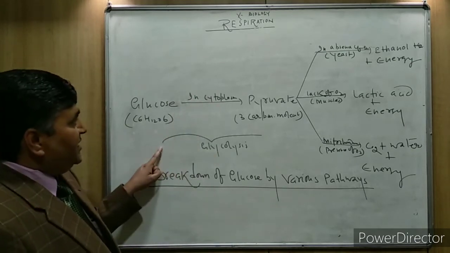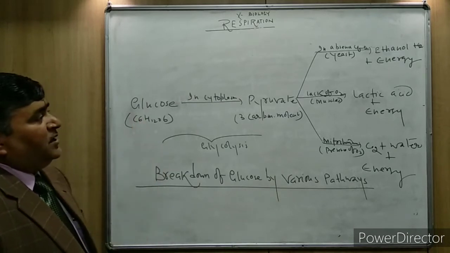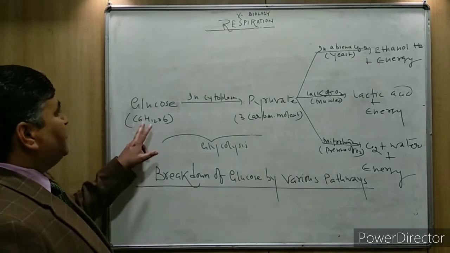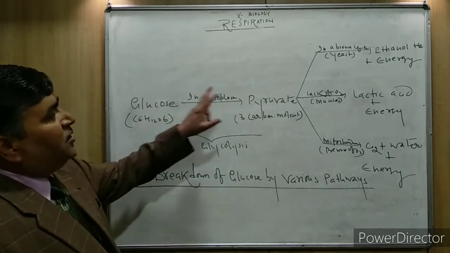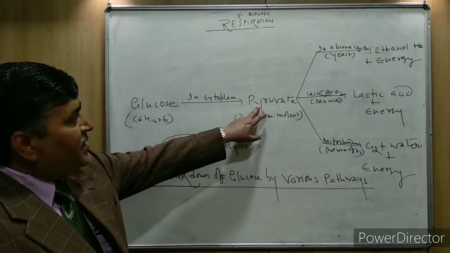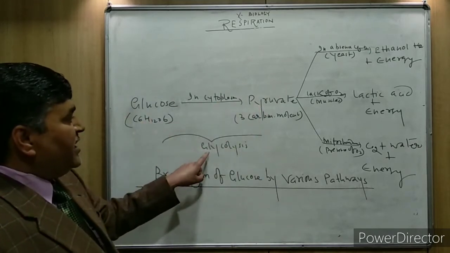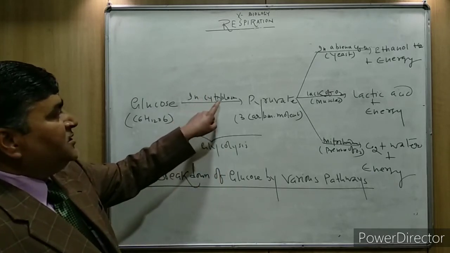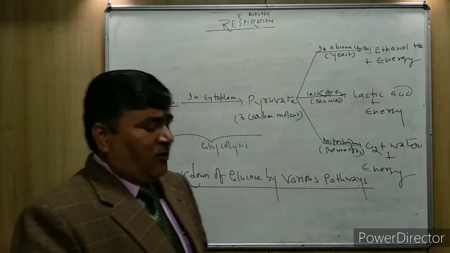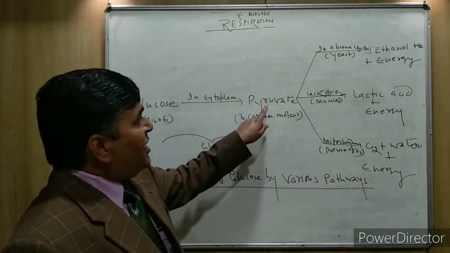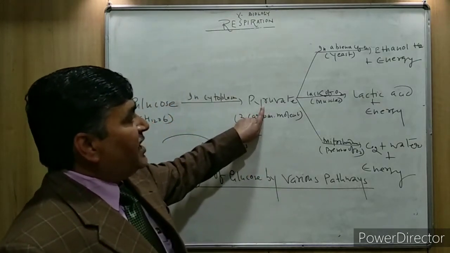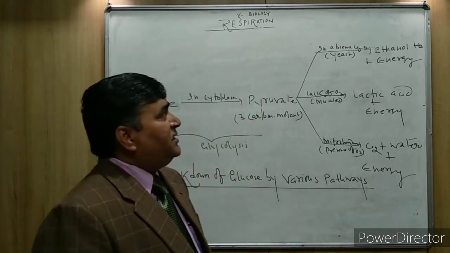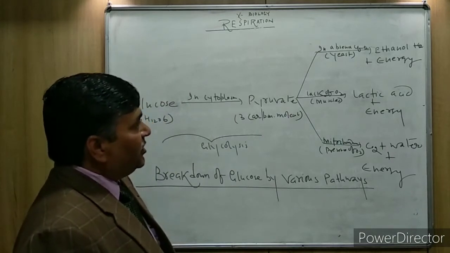So once again you can see here the first step of the breaking down of the glucose is the conversion of glucose into the pyruvic acid, and this process is also known as glycolysis, which takes place in the cell cytoplasm.